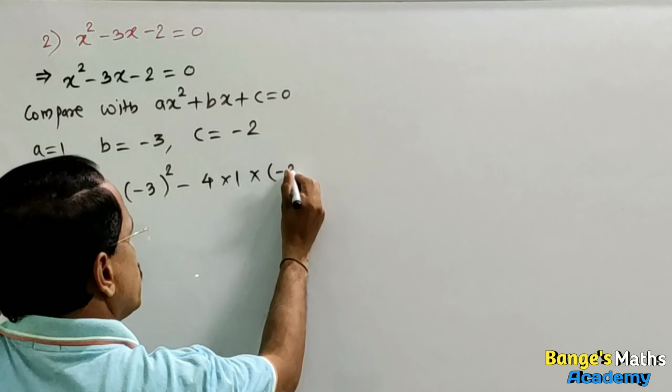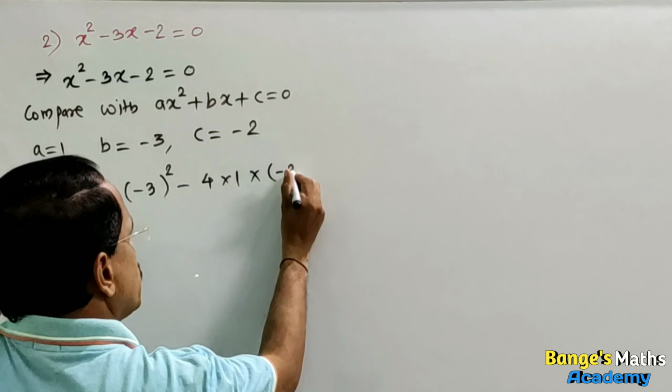Simplify this. Minus into minus plus, 3 plus or minus root 17 upon 2 into 1, 2. So we get x is equal to 3 plus or minus root 17 upon 2.